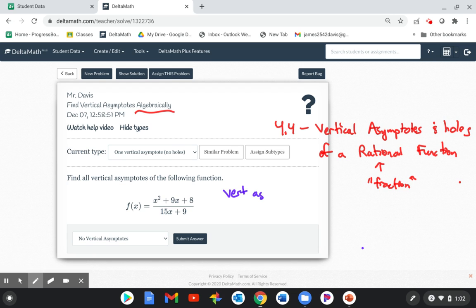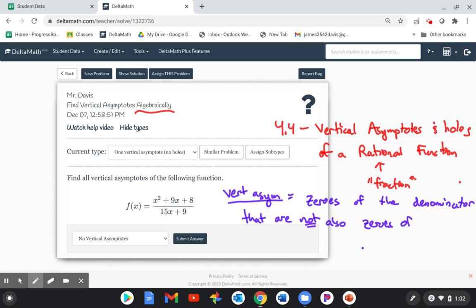For vertical asymptotes of this type of function, they're going to occur at the zeros of the denominator that are not also zeros of the numerator. So we're looking for numbers that make the bottom zero, in other words, make the function undefined, but also are not a zero of the numerator.